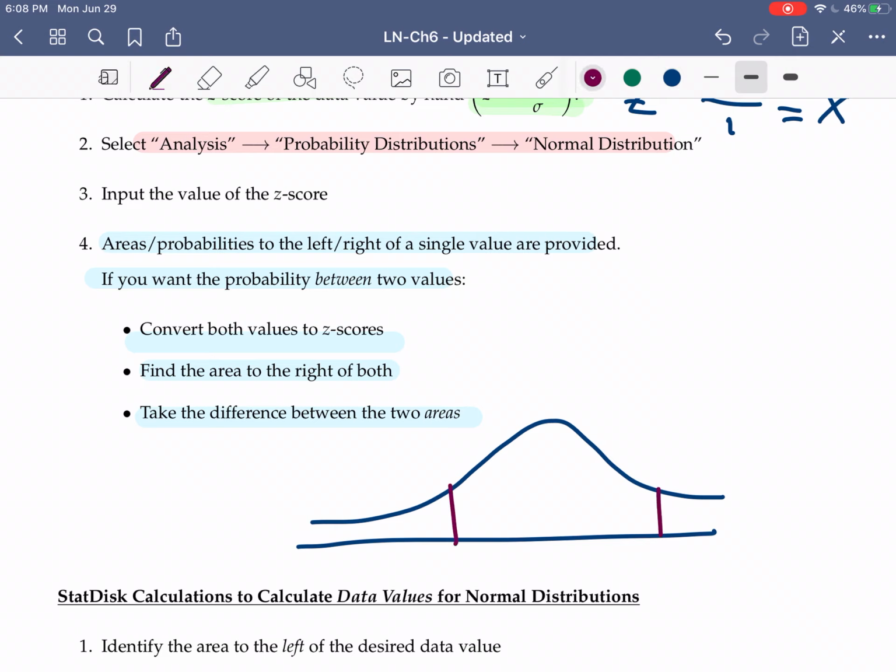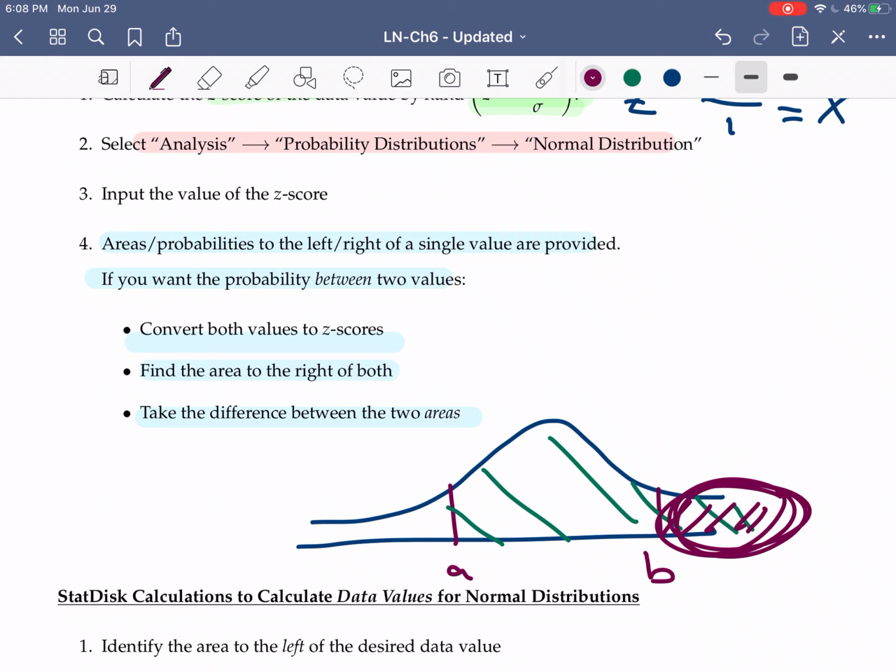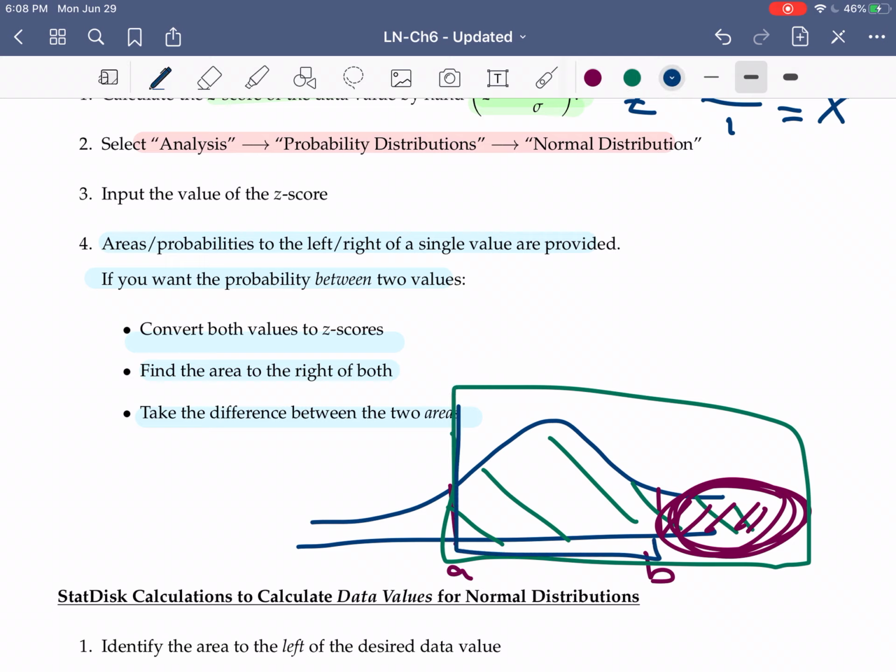We want to know what's the area between this value A and this value B. We can find all of the area to the right of A, and find all of the area to the right of B. If we subtract the area that's to the right of B from all of the area to the right of A, the only thing that we're going to be left with is the part that's between the two. So we'll find both the areas to the right or both the areas to the left, then take the difference to get the area between them.